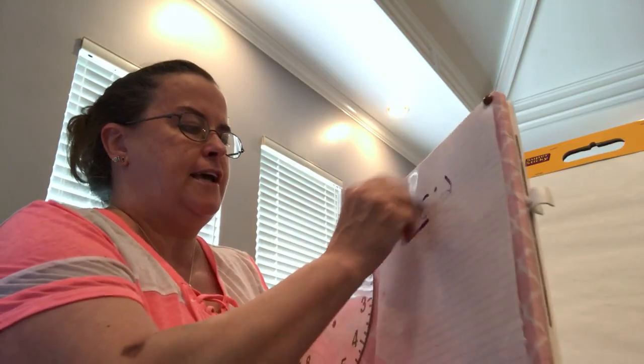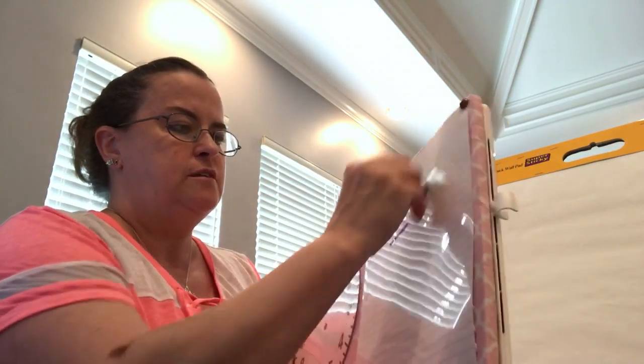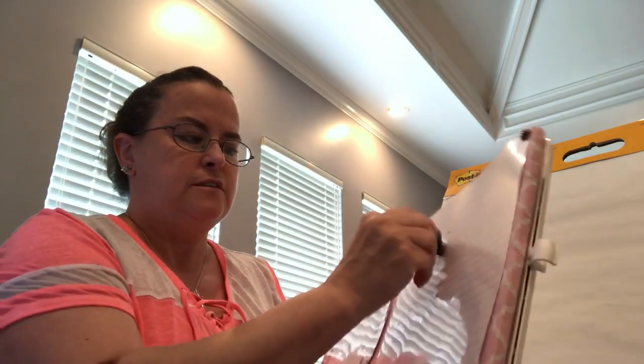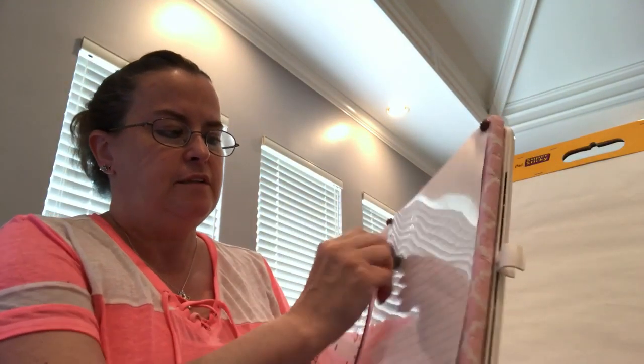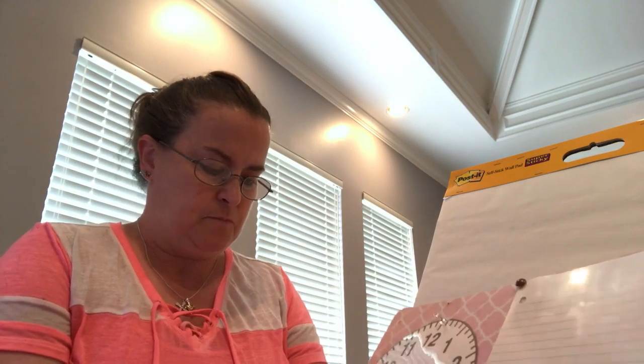Let's take a look at our Go Math book on page 623. That is the page that we're going to be dealing with. We have a clock on that page.